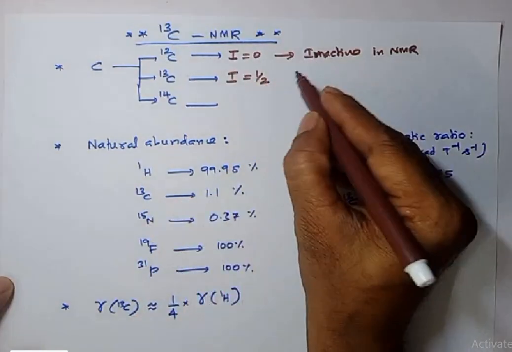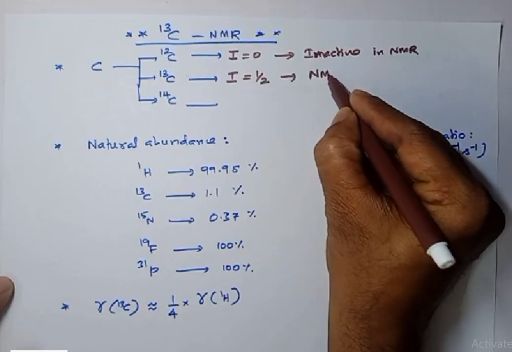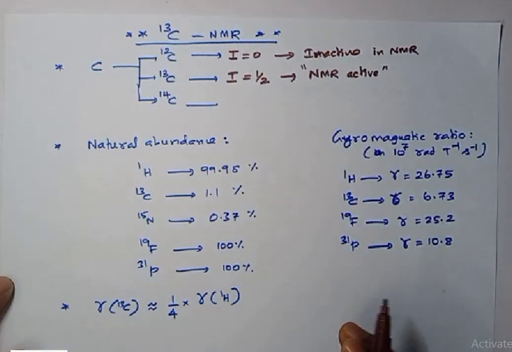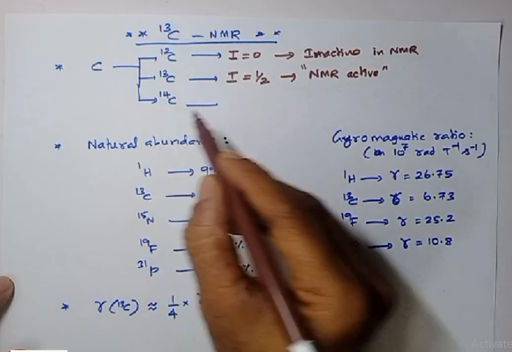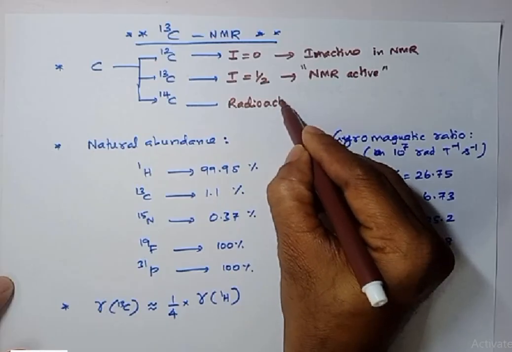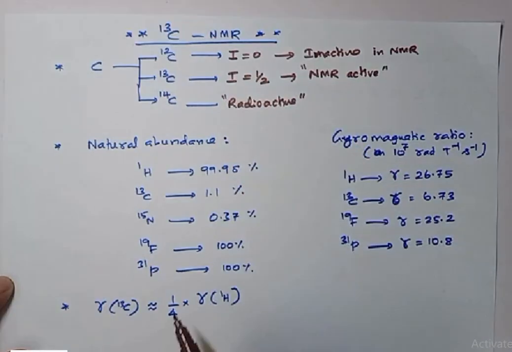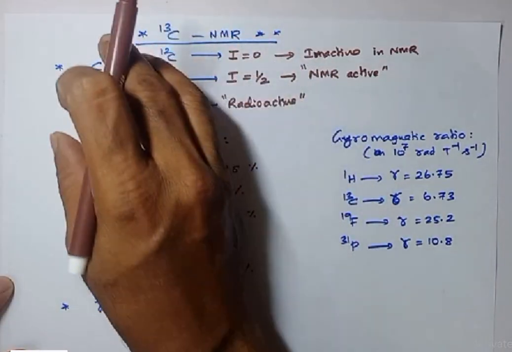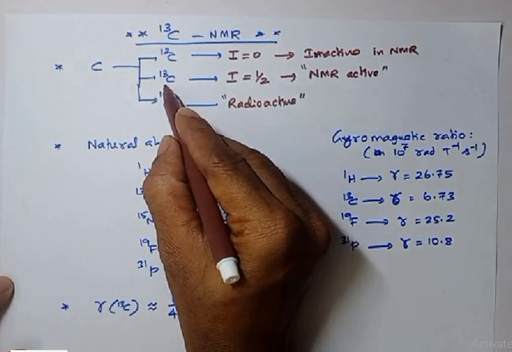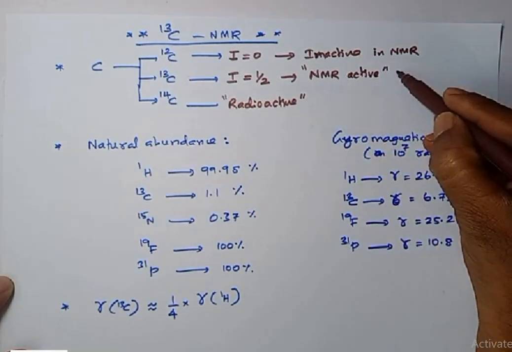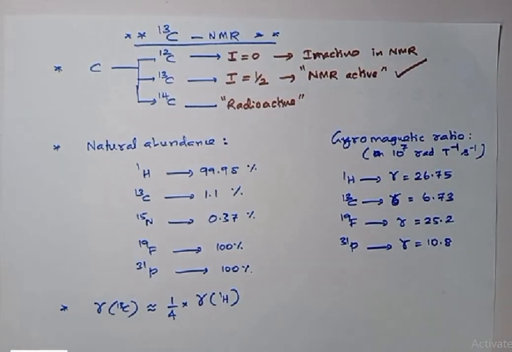It is an NMR active nucleus, so this is very important for us. We are going to focus on C13 only. What about C14? C14 is radioactive, so we are not going to discuss C14 here. Out of the 3 isotopes, C13 has I value half and it is NMR active, so we focus on the C13 nucleus.